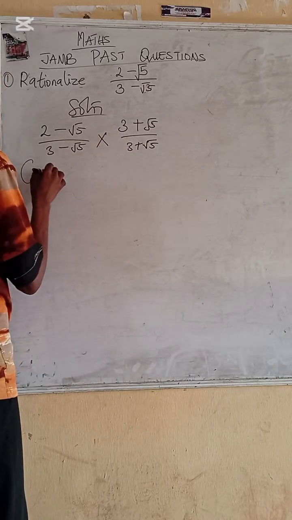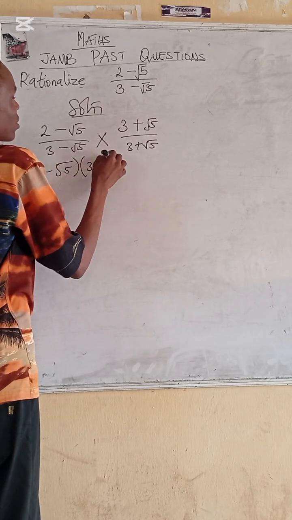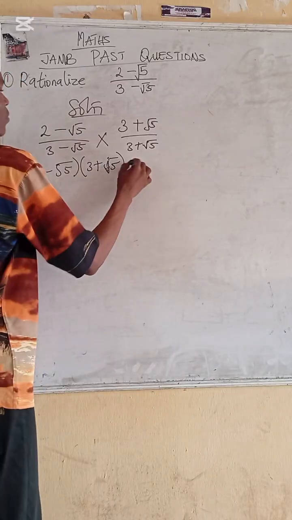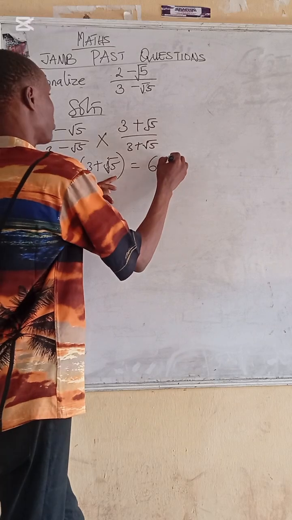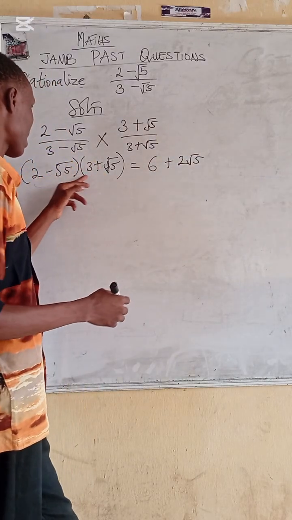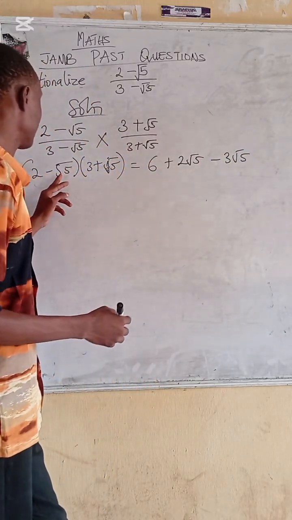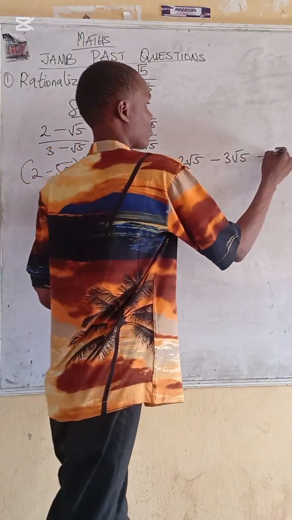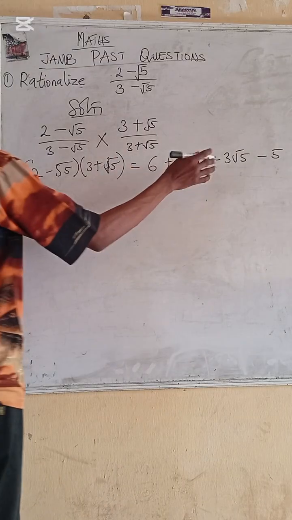So 2 minus root 5 times 3 plus root 5 should give us 2 times 3 is 6. 2 times root 5 should be plus 2 root 5. Root 5 times 3 is minus 3 root 5. And root 5 times root 5 should give us minus 5. Okay, this is for the top.